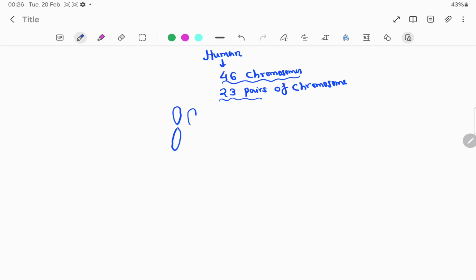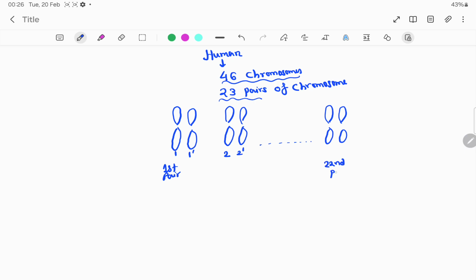Just like this, there will be up to the 22nd pair. So you can write this is 1 and this is 1 dash, this is 2, this is 2 dash. If it is the 22nd pair, this will be 22, 22 dash.